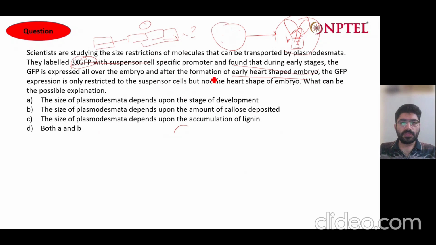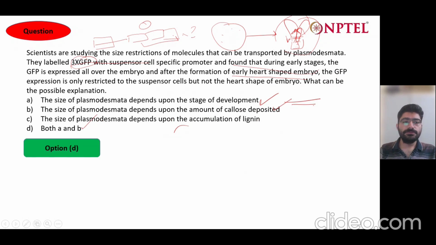So the possible explanation can be either the size of the plasmodesmata is decreased, or the amount of callose that regulates the size of the plasmodesmata is increased. So options A and B can be the answer. So option D is the right answer.